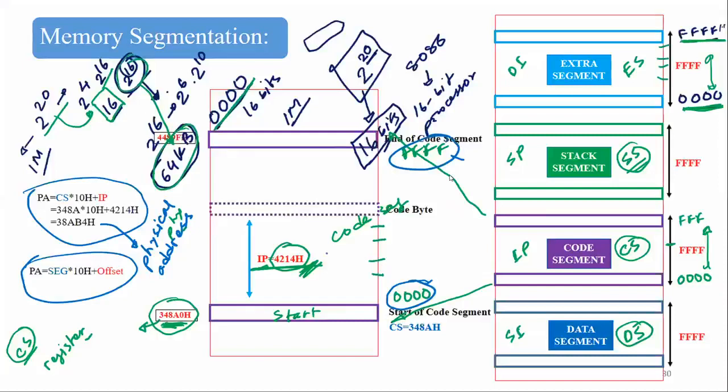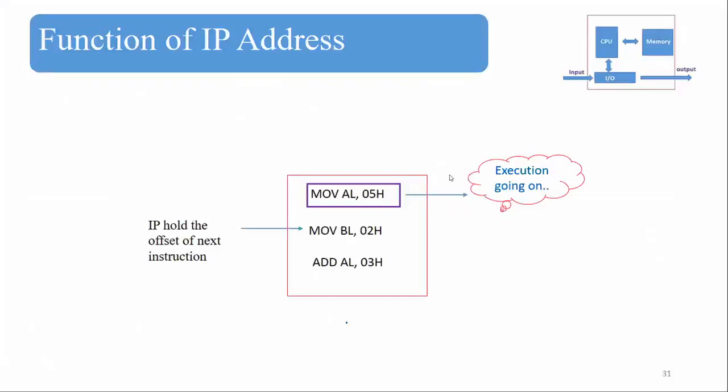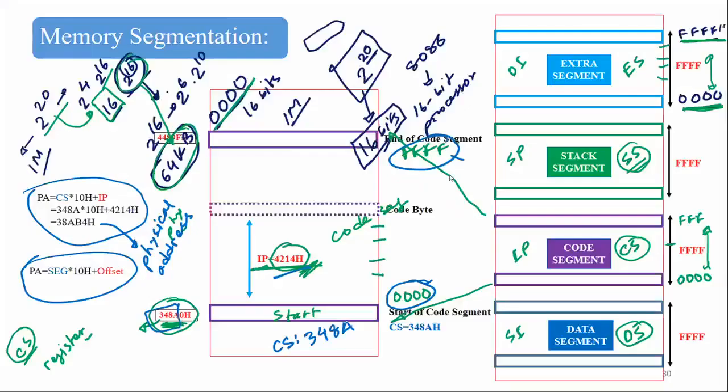Okay. Whenever you get the IP, you know the starting value of CS. Let us say you have the value of CS. What is the value of CS? I have said CS is a register, and if you have a physical address, the first 4 digits. Can you remember that part? Yes, sir.